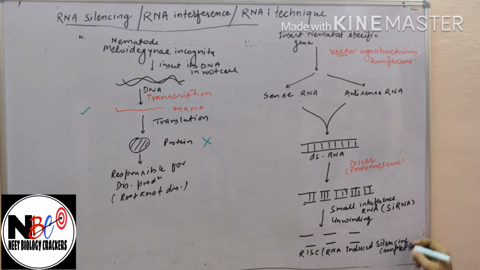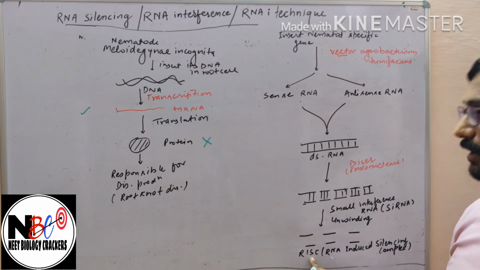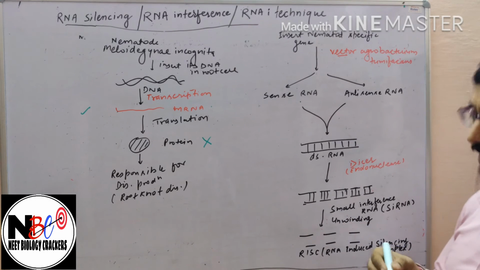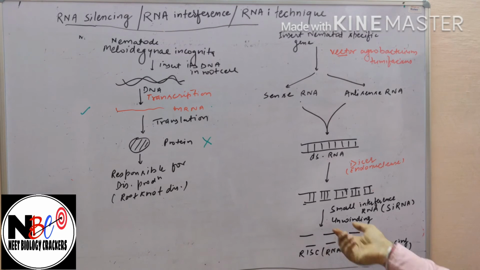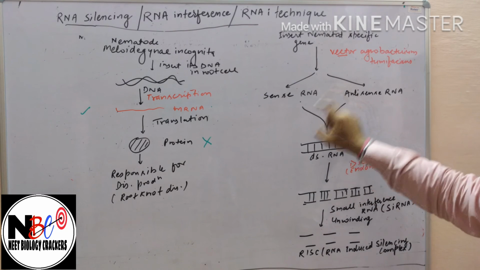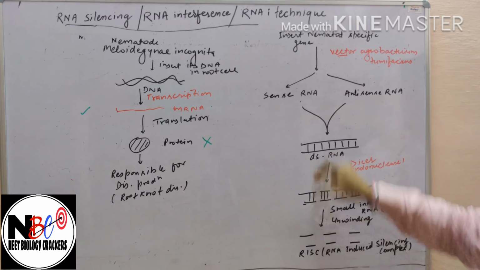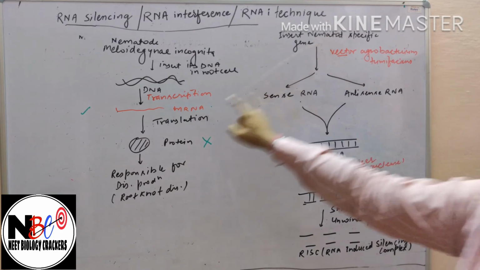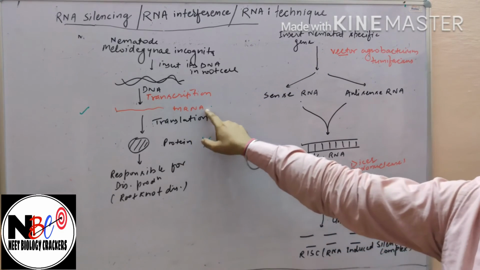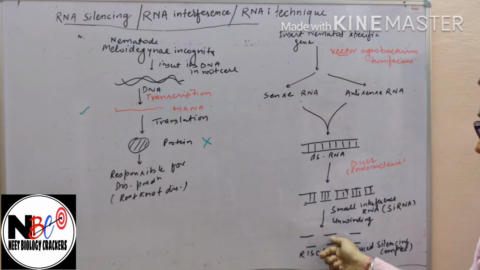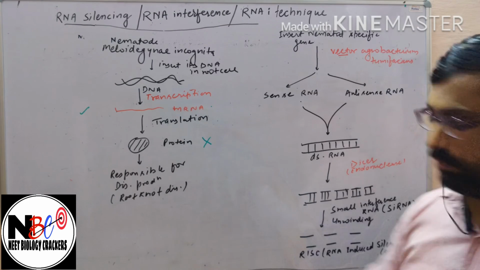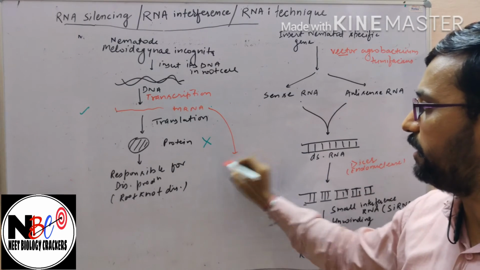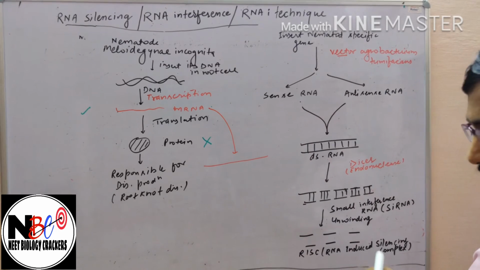This silencing complex will bind on this mRNA, because this mRNA is formed from the nematode gene, and some copies are complementary to this mRNA.